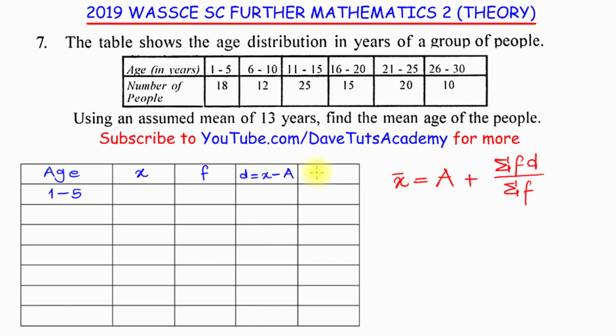Then we can also find the product of the frequency and the deviation. So this is what we need. And in populating this, we know we have 6 to 10, then 11 to 15, then 16 to 20, then 21 to 25, and finally 26 to 30.